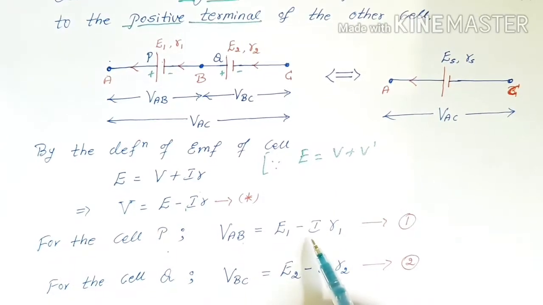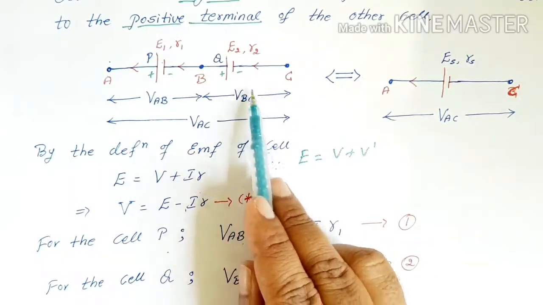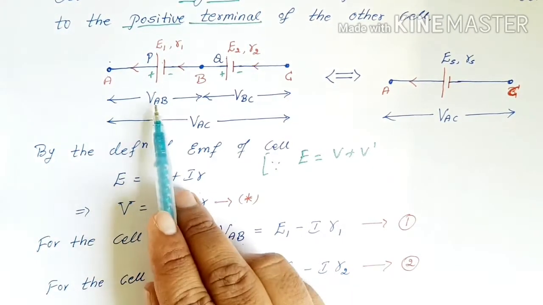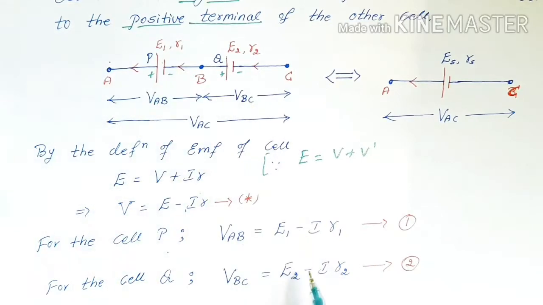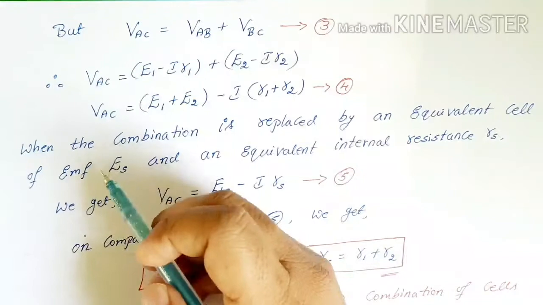Hence I am using just I, not the I1 or I2. And for the cell Q, similarly the cell Q is located between the point B and C, and the potential difference is VBC here. Therefore I can write this as E2 minus IR2. Understood? I am writing the potential differences VAB and VBC.